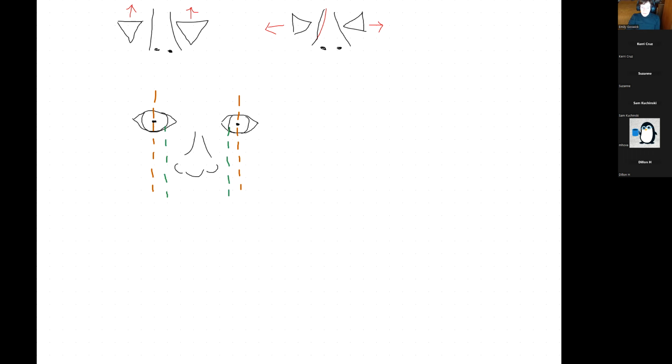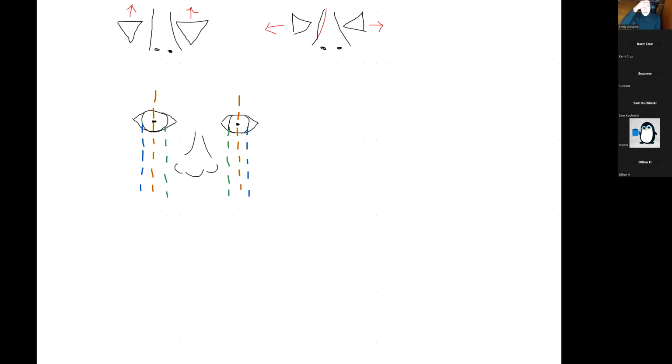And when something is decentered temporally, meaning towards the temples, I put in a blue line. It just helps me remember the direction of where this prism is going. As a quick illustration of this, I'm going to make my line a tiny bit thinner here. I'll do a gray one.